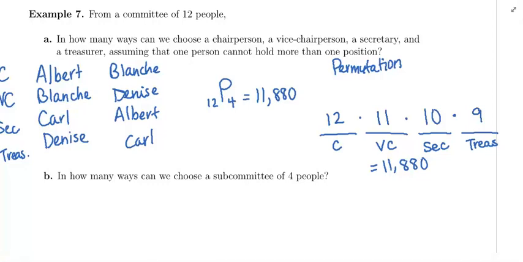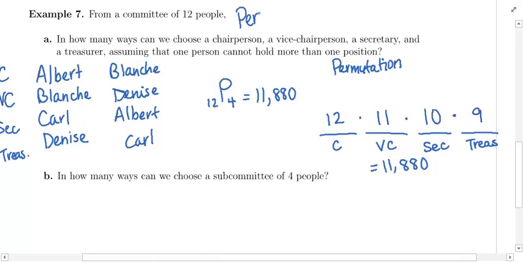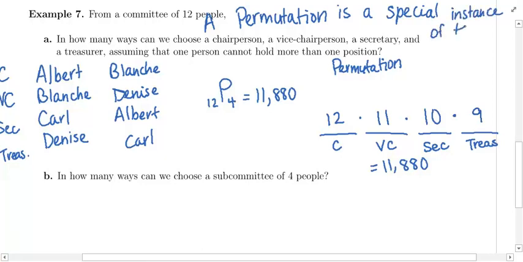I was waiting for you to get used to the idea of a permutation. A permutation is a special instance of the multiplication principle. That's really important.